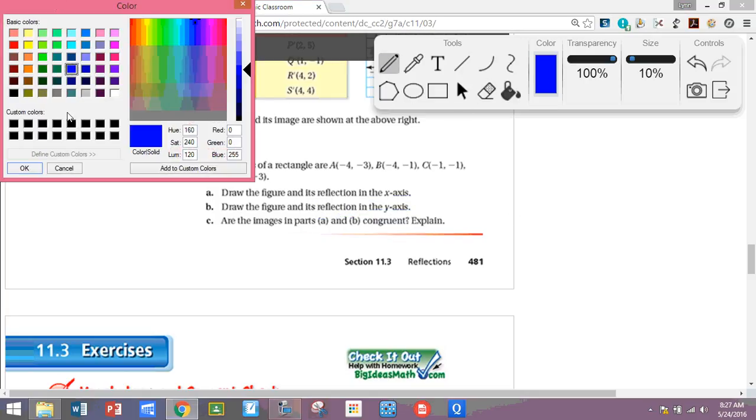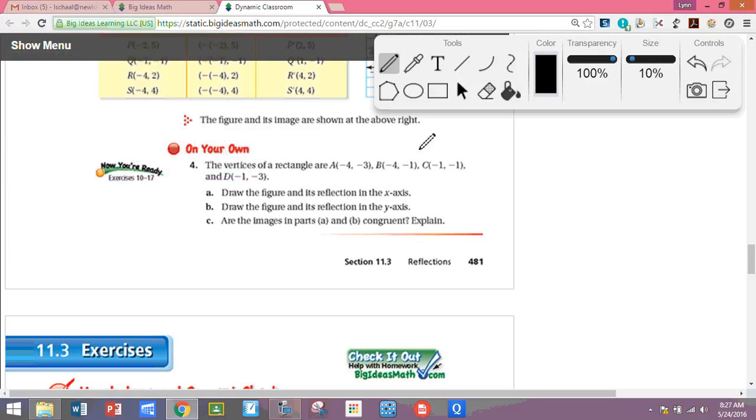Okay, so when we look at this, when you're doing the x and y axis, it's the same thing we did before: you're always going to take the opposite. We're reflecting along the x-axis. Since it's the x-axis, the y-coordinate becomes the opposite. So A is going to be -4, 3.